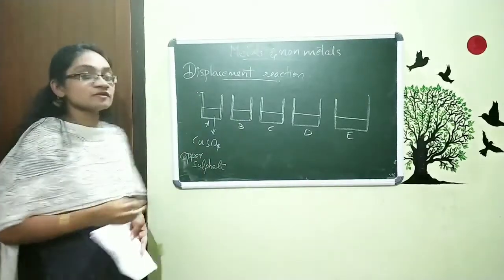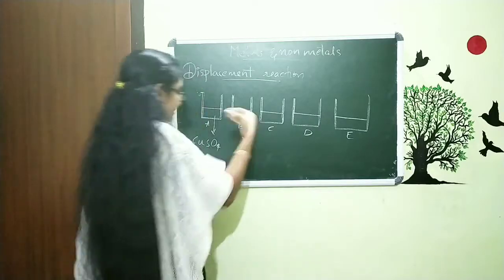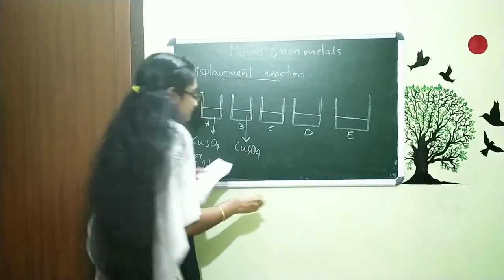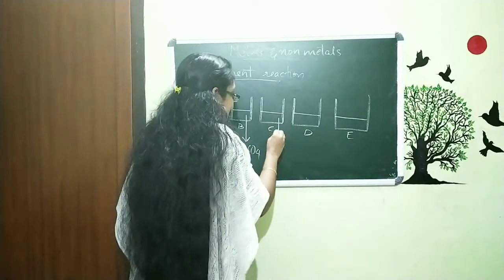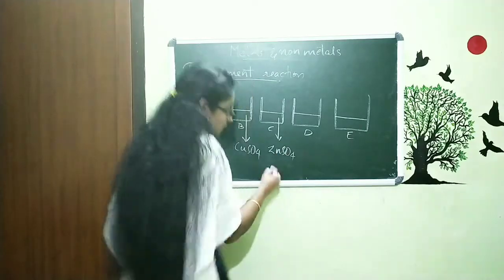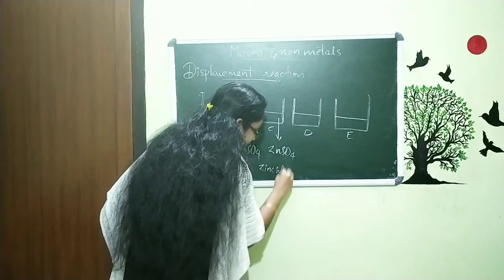Copper sulfate in the first beaker, and in the second beaker I am again collecting copper sulfate. In the third beaker I am selecting zinc sulfate, ZnSO4. ZnSO4 is zinc sulfate.